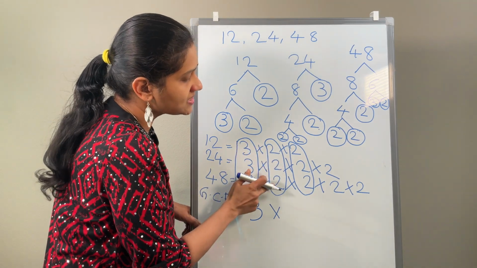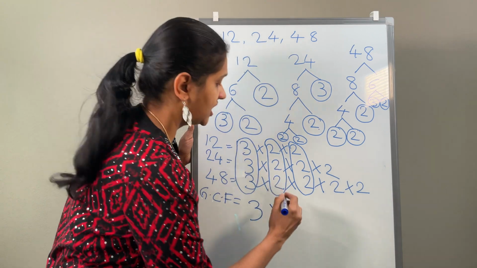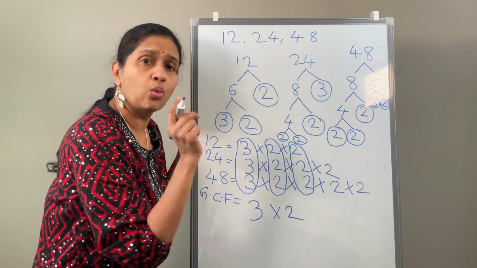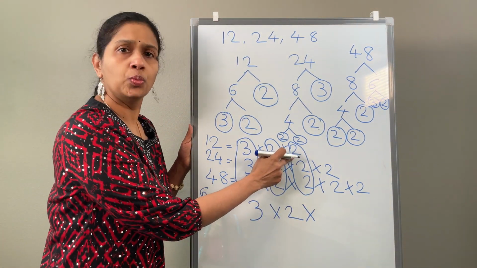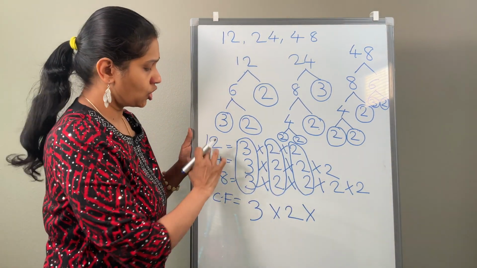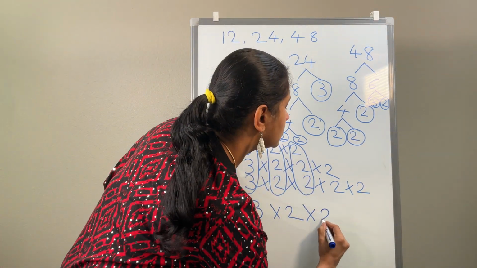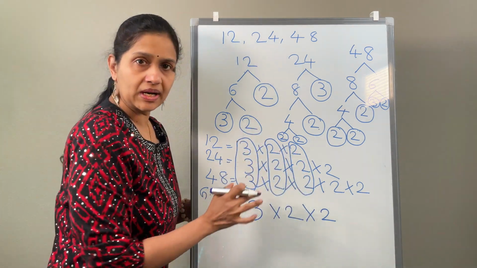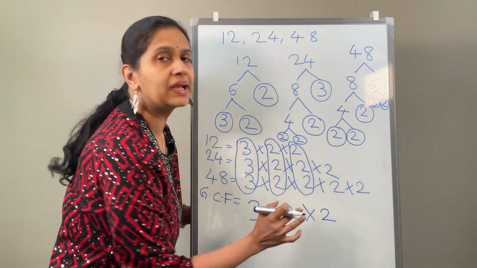You can see 2 is available in all these numbers, so just write it once. Don't write it 3 times, just write it once. Multiply. You can see this number 2 is available in all these numbers, so you should write it just once.